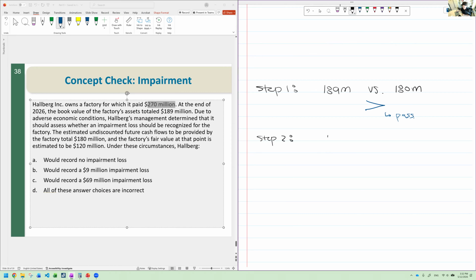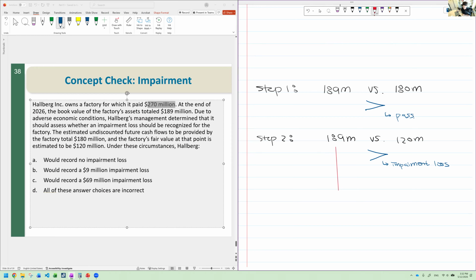The book value is $189 million. Now, what's the fair value? The fair value is $120 million. So it looks like the book value remains greater than the fair value, so we determine that this asset is subject to the impairment loss. What's the magnitude of the impairment loss?